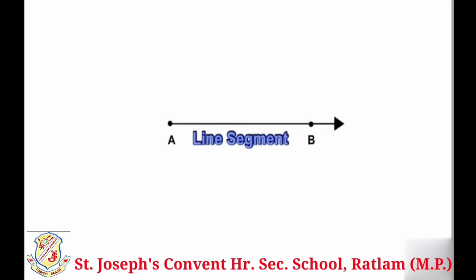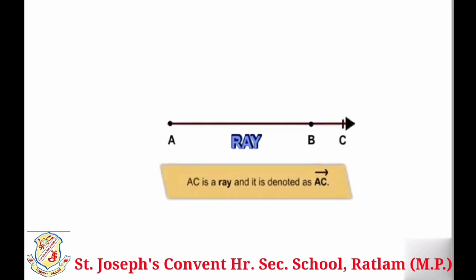Now, if we extend this line indefinitely in one direction, we get a ray. So, a ray starts at a point A and it can continue to infinity. We put an arrow on one of its ends. Here we have a ray AC and it is denoted by a single arrowhead over the top of the letters.